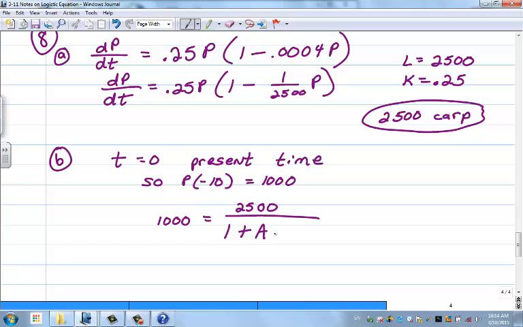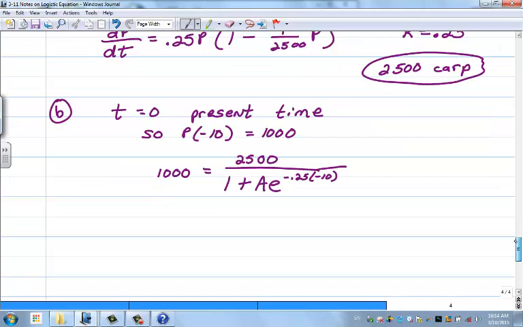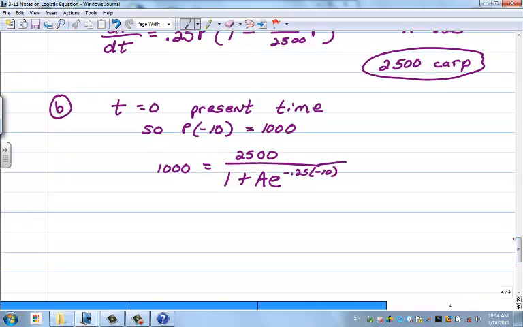T is negative 10, and so we get A e to the negative 0.25 times negative 10. And what we're trying to do here is solve for A.